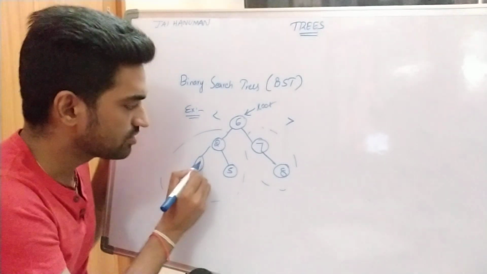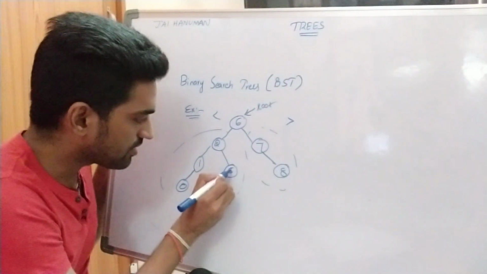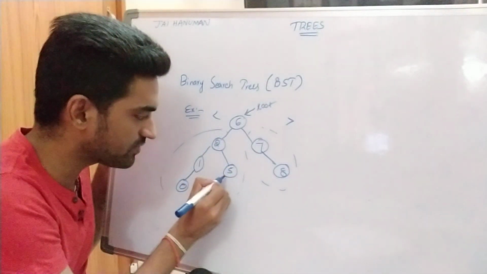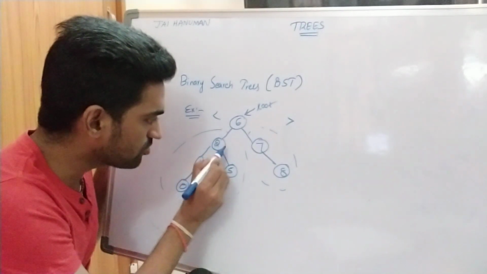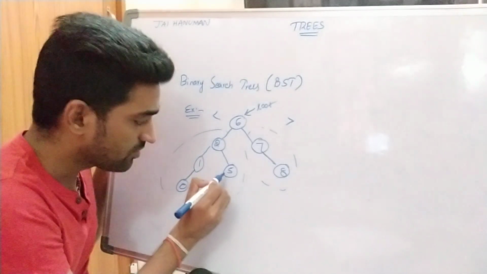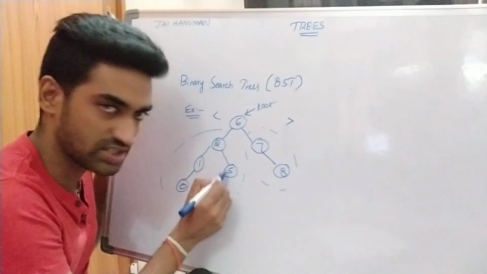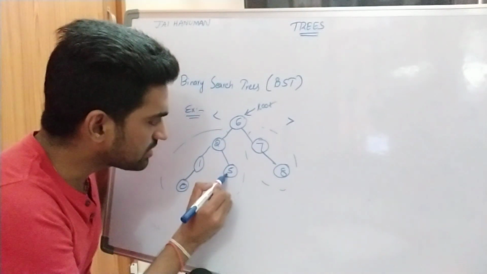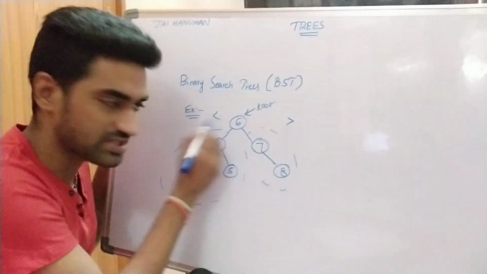For suppose 5, 5 is the right child of the left subtree, right? For this subtree, what is the root? 2. When compared to 2, 5 is a greater element, so we can insert it at the rightmost position of the left subtree, but it is a lesser value when compared to the main root, so we can place it in the left subtree.